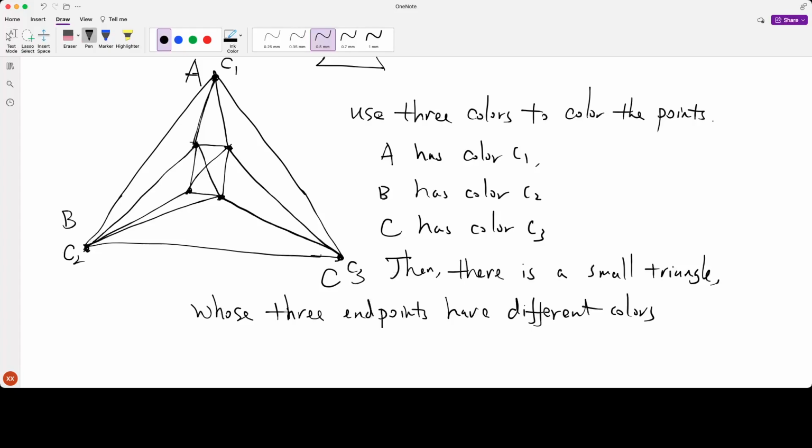So I must find some triangle. For example, here is another point. For example, this triangle. For example, the 3 points have different colors. So this is the conclusion.